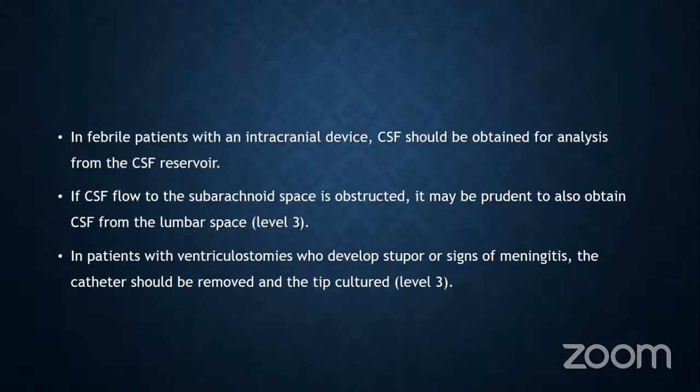In a febrile patient with an intracranial device, CSF should be obtained for analysis from the CSF reservoir. If the CSF flow to the subarachnoid space is obstructed, it may be prudent to also obtain CSF from the lumbar space. In patients with ventriculostomies who develop stupor or signs of meningitis, the catheter should be removed and the tip should be cultured.